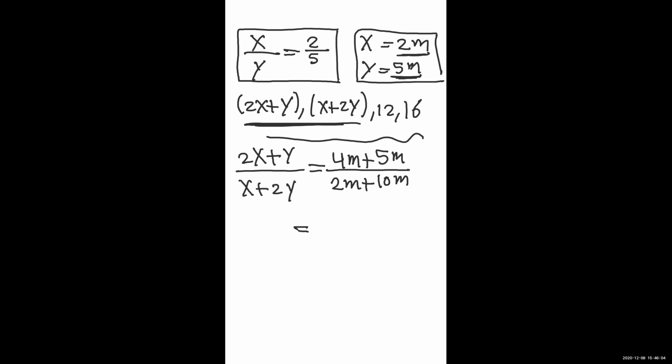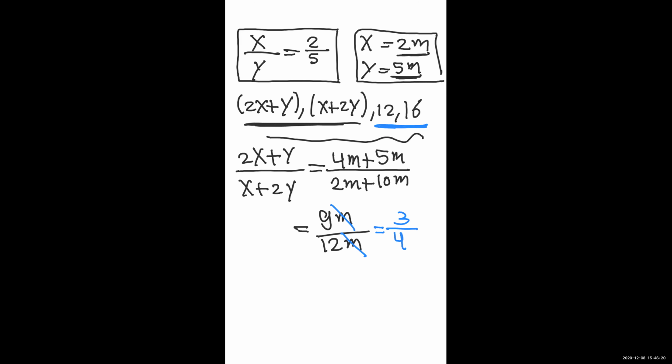So it will equal 9m over 12m. Now simplify m and m, then 9 over 12 divide by 3, so it will equal 3 over 4.